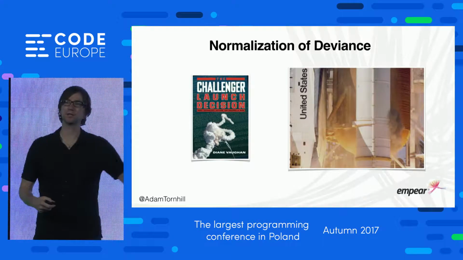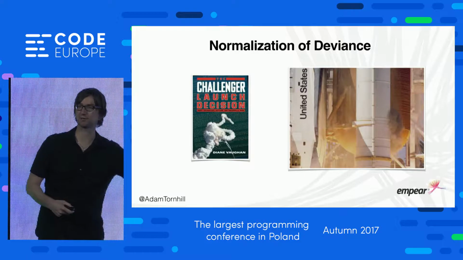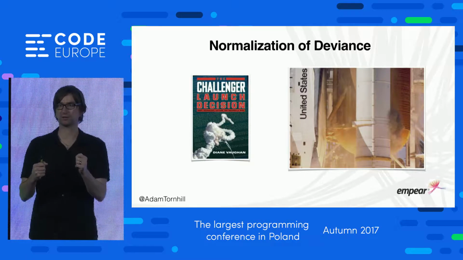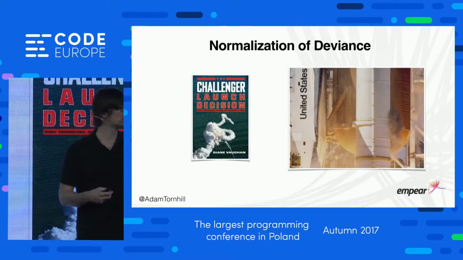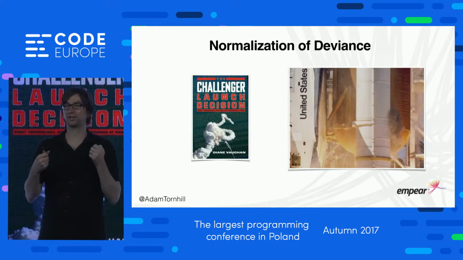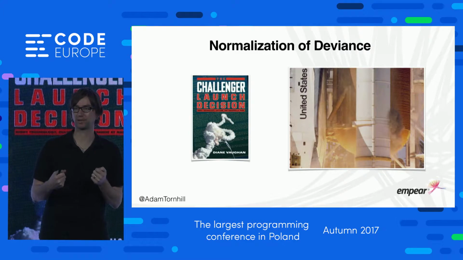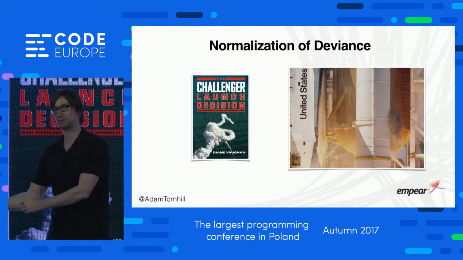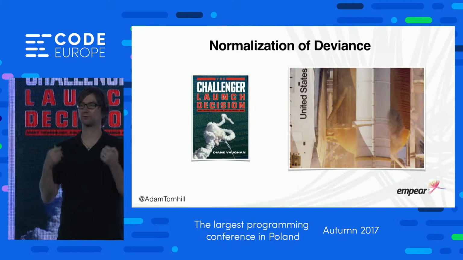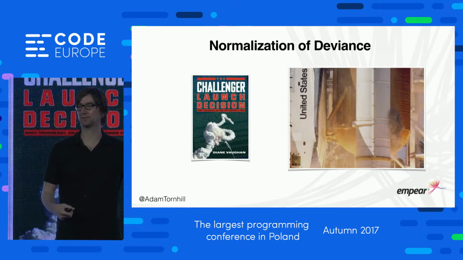And it went on and on like that for years before, on the very eve of the launch, there were some very valid concerns raised about the safety of those joints due to the unusually cold temperatures in Florida at that time. Again, it was discussed and passed off as an acceptable risk. And the consequence was a tragic loss of human lives.